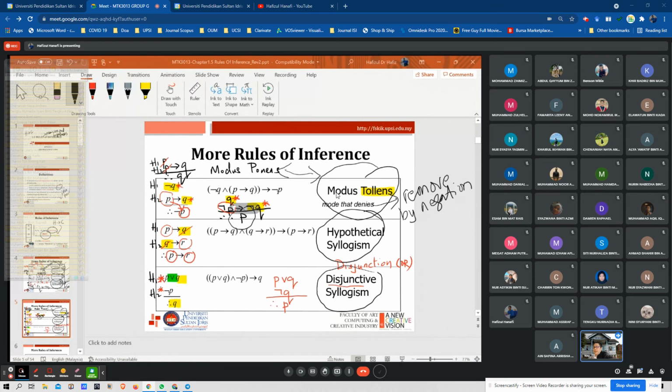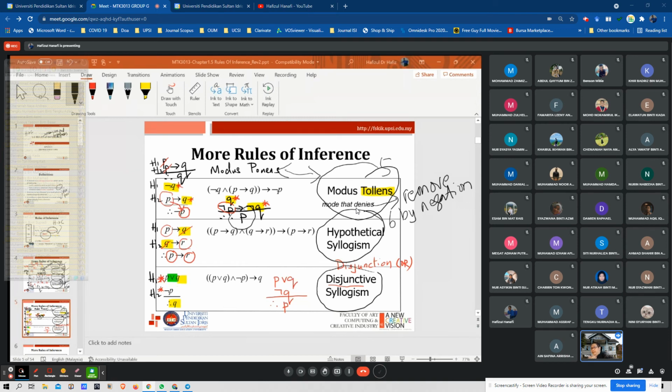Okay, and then this one, 2, 3, 4, 5, 6. Number 6 is hypothetical syllogism. This one is basically rules of inference. You have many rules of inference.